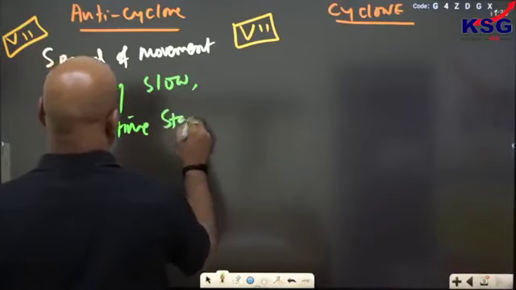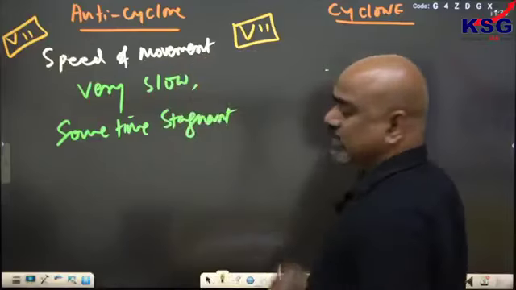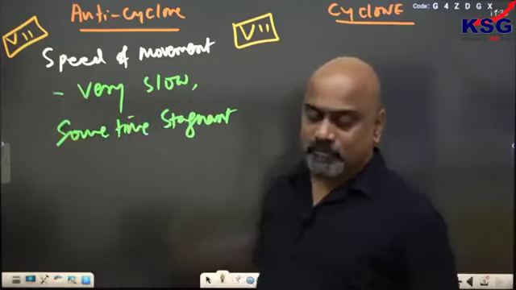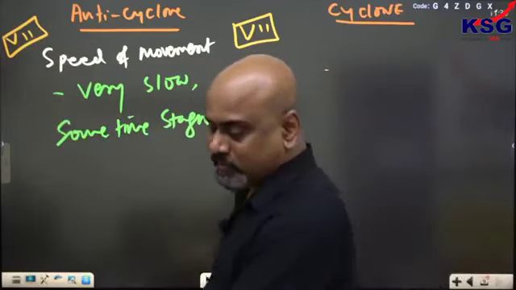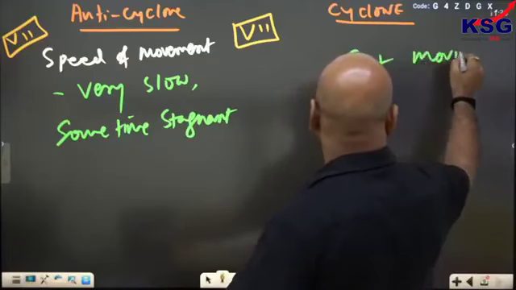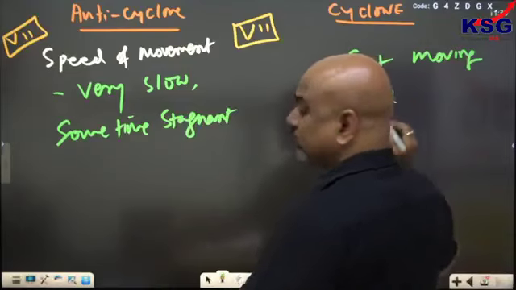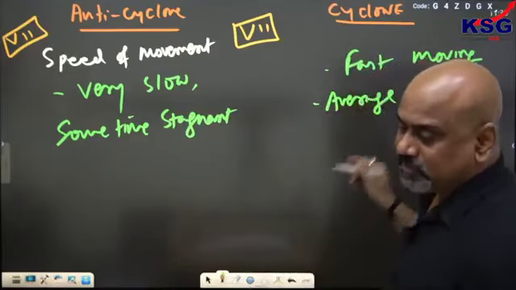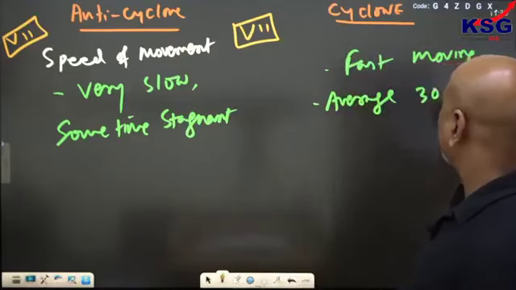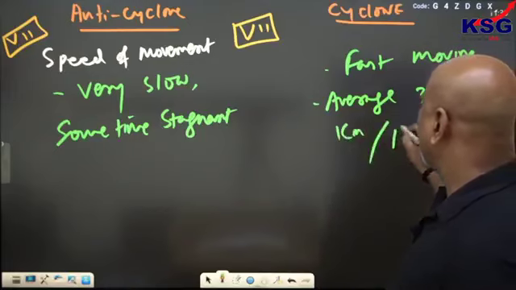But this side you have fast moving, average is 30 to 50 km per hour.